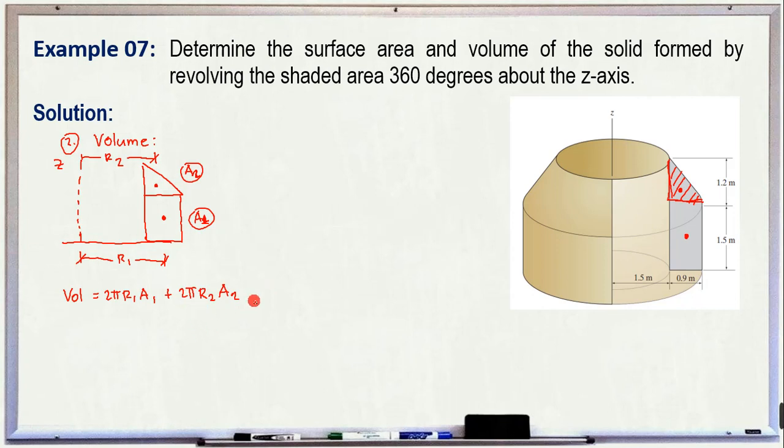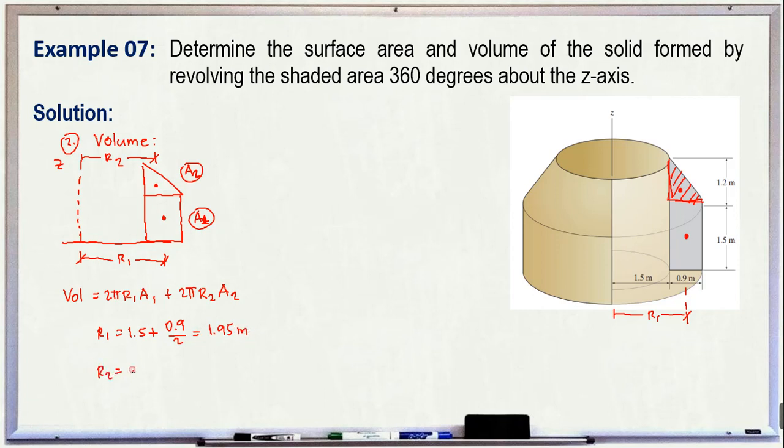For r1, based on this figure, that is 1.5 plus half of 0.9. 0.9 divided by 2, so that is equal to 1.95 meters.